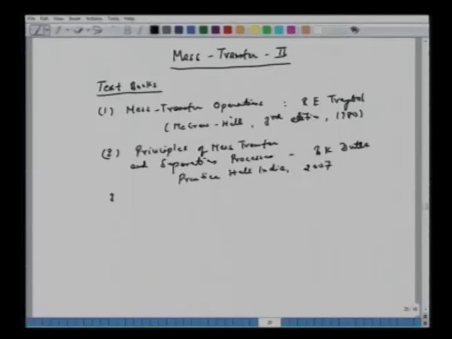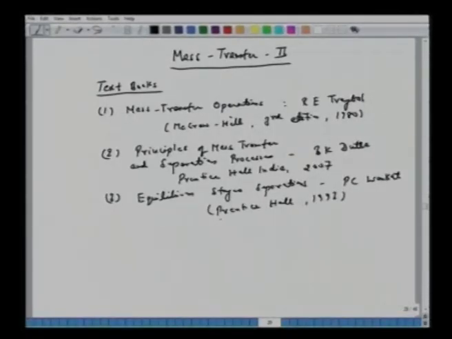There is another very good book titled Equilibrium Staged Separations, and the author is Philip Wankat. This book is also from Prentice Hall, 1993. So all these three books should be available in your book stall. You can order the books.